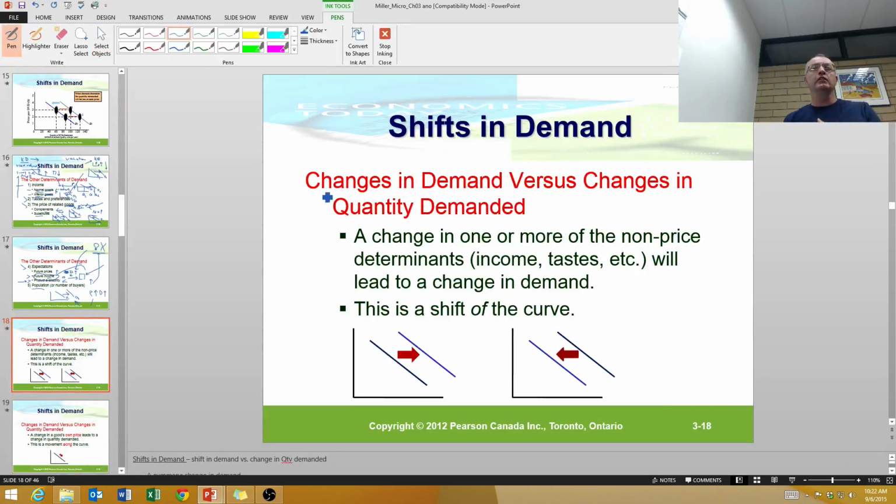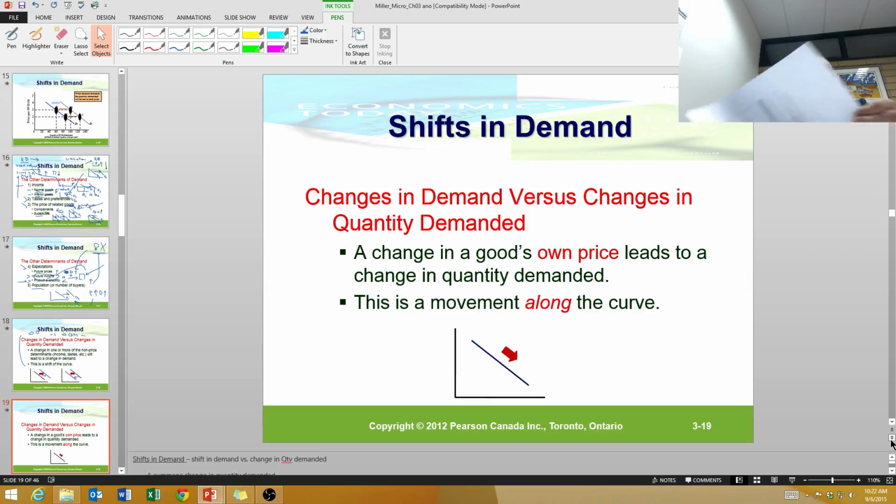Okay, so the final little summary of this section of the chapter is just drawing this fundamental, kind of terminological distinction between changes in demand, which refers to horizontal shifts of the demand curve, demand curve increases, demand curve decreases, versus a change in quantity demanded, which is due solely to changes in price.